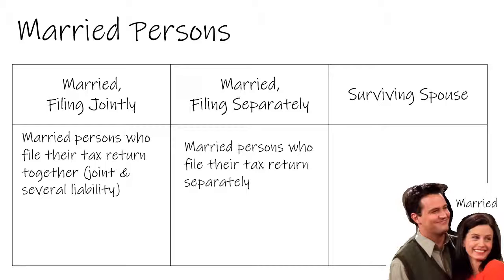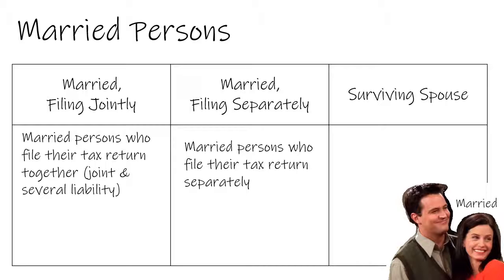When you're married filing separately, you shield one person's income from the other. For example, if Monica's income was lower than Chandler's and combined they paid more taxes than they would separately, it would be advantageous for them to file two separate returns. The deductions are generally half for married filing separately, as they would be for married filing jointly.